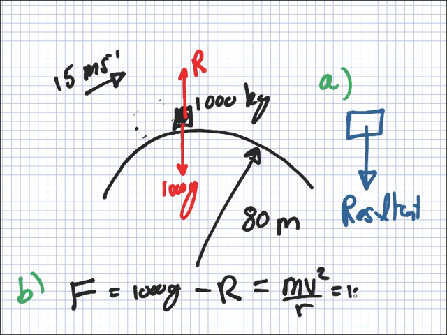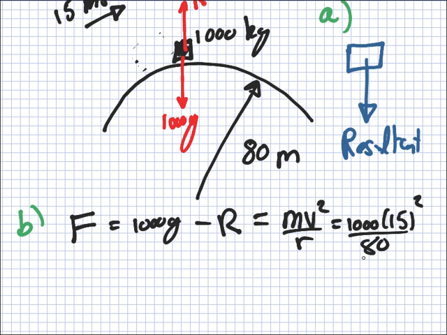So it would be 1000 times 15 squared over 80. So that is 225000 over 80. Cancel the 0. 8 goes into 225 a certain number of times.